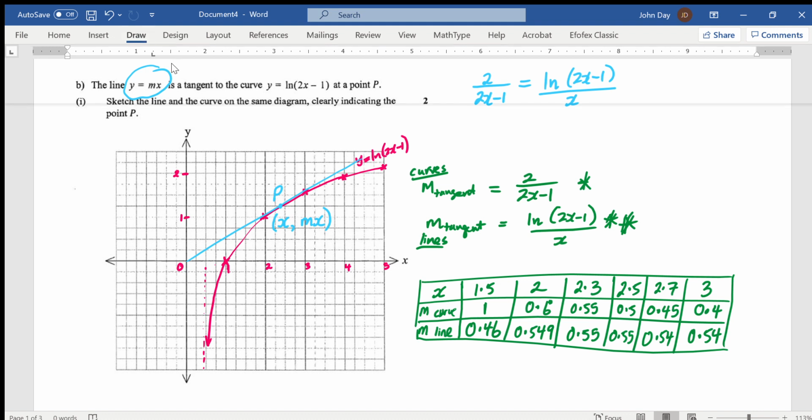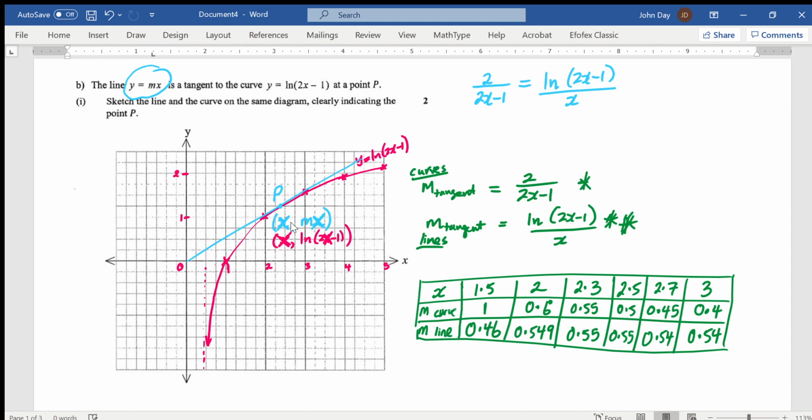And on the curve, the coordinates are x and natural log of 2x minus 1. All right, so it just depends the point of view, but mx and natural log of 2x minus 1 are the same thing at that particular point. And because it's a particular point, might be nice to say, let's call it capital X, just to indicate that this is the case at this particular point X. So I'm just going to change that there.